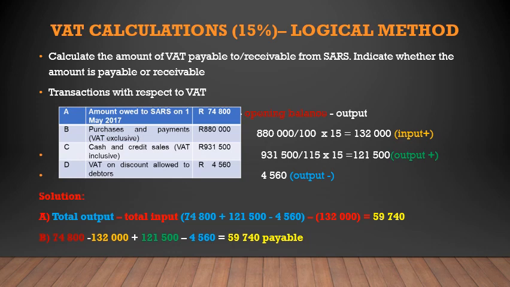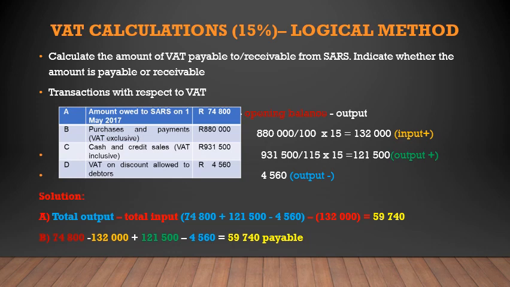The second one, you choose a line. In this case, I have said payables are increasing. Anything that increases my output will increase what must be paid over to SARS. Anything that increases my input will decrease what is paid over to SARS. So my starting point, you need to know which one must be negative, which one must be positive. In this case, anything that increases output and decreases input, they increase payable.